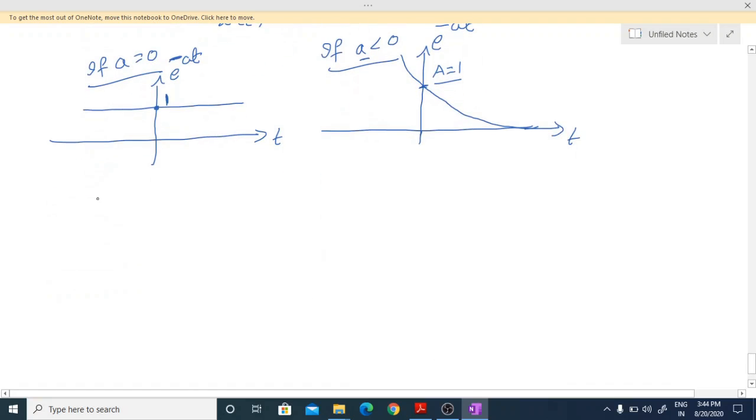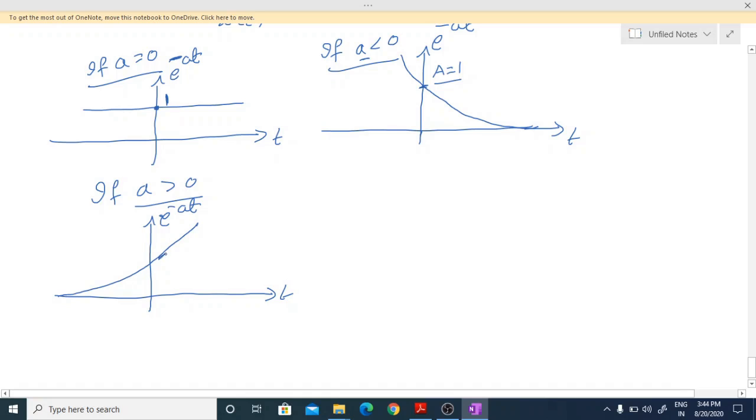In the third case, if a is greater than 0, then we get an exponentially growing signal. The corresponding crossing point is again A, so in our case A equal to 1.